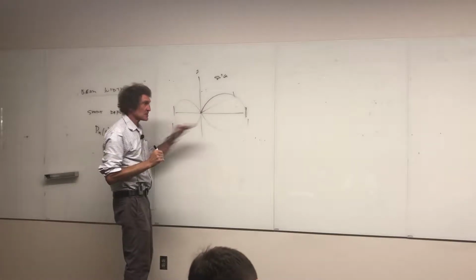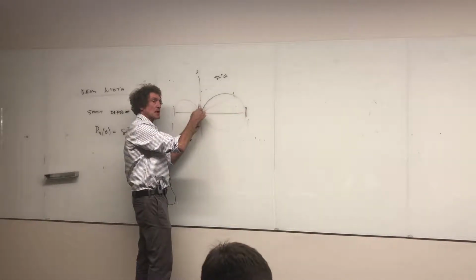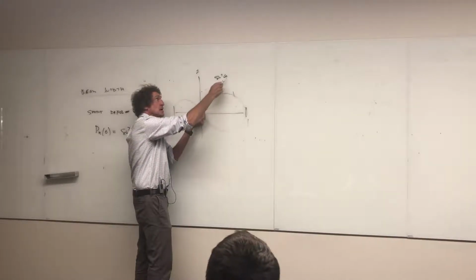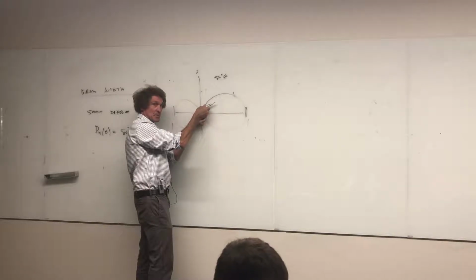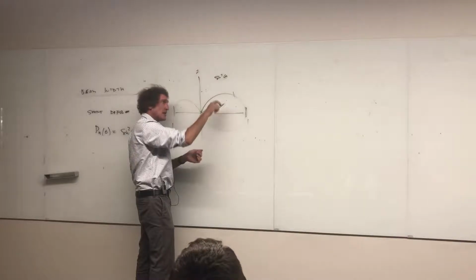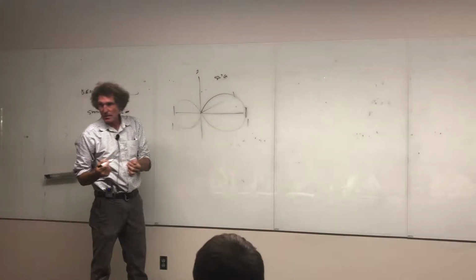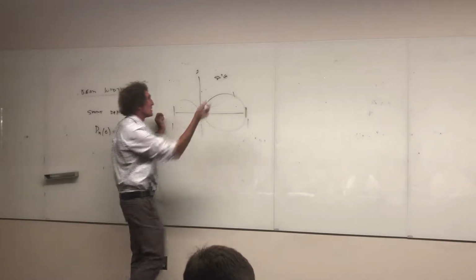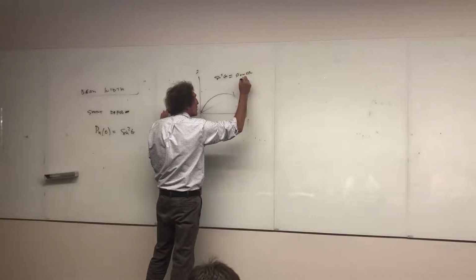Do you follow me? The maximum length of this would be 1. It's called a polar pattern because you have a radius vector that's equal to the sine of theta. And as theta gets larger and larger until theta is 90, the sine of 90 is 1, and then it gets smaller and smaller, down to 0 again. Do you follow me? This is called the power pattern. This would be the power pattern for a short dipole.